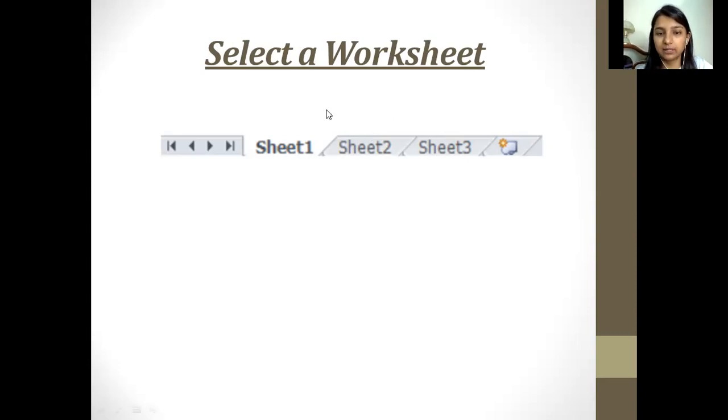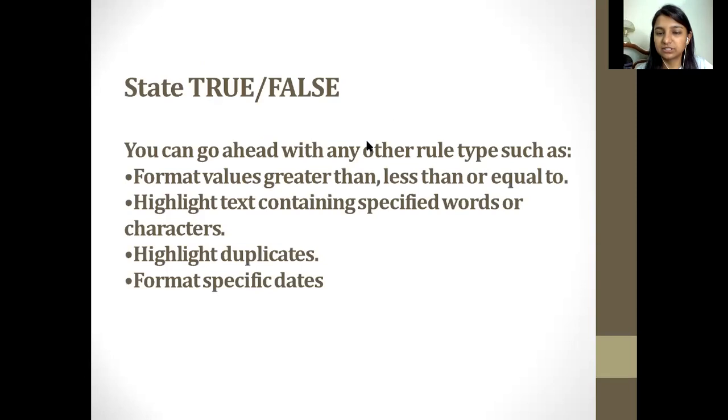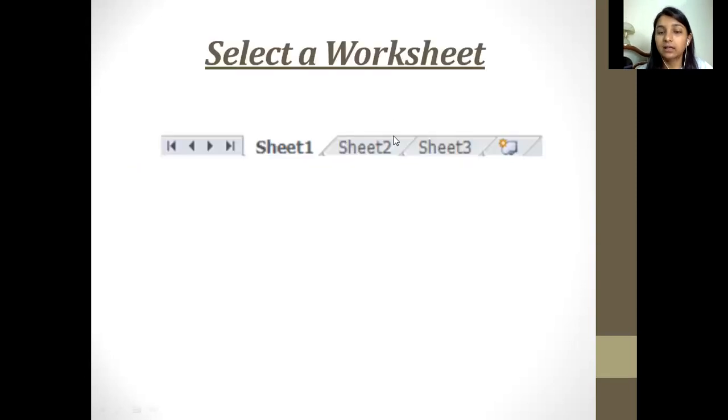I would click on Sheet 2 like this, and I would receive the entire data for science marks. Then if I want English marks, I would write English marks here. There is more convenience for this.